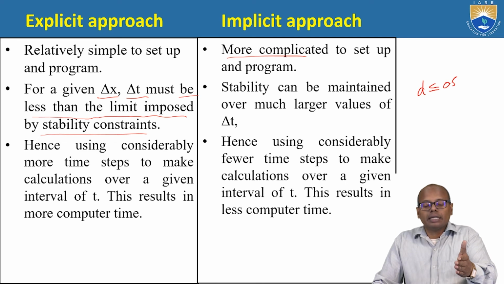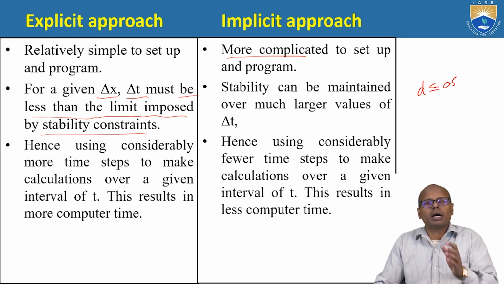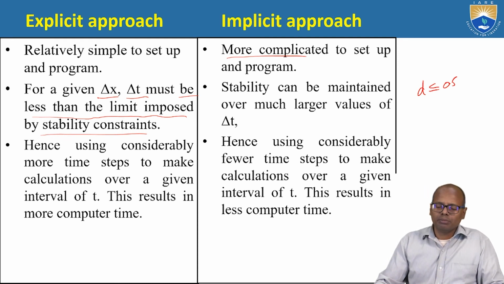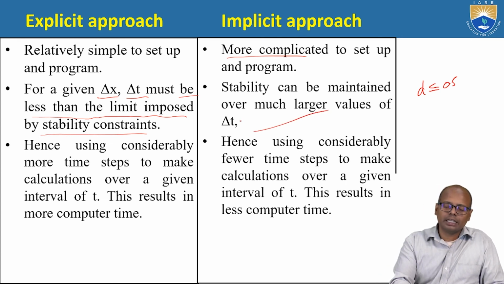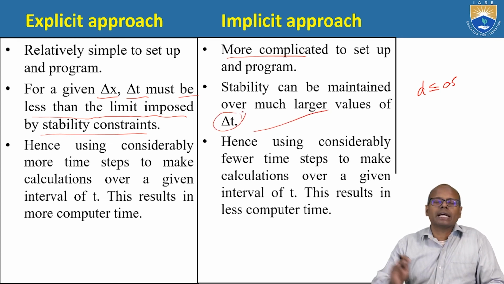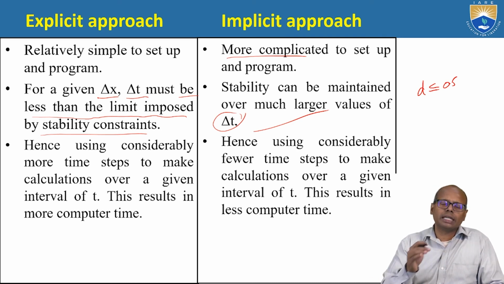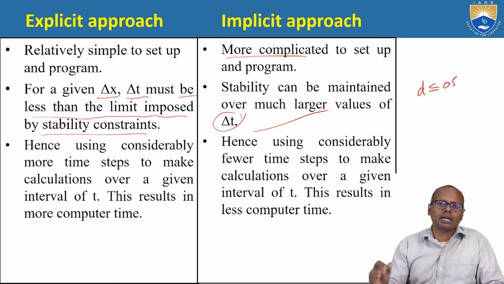So based on the delta x value, we have to define the delta t value, and the delta t will be much less as compared to delta x. But in case of implicit scheme, the delta t value can be slightly higher because there is no such condition here. So the delta t values can be a little higher.